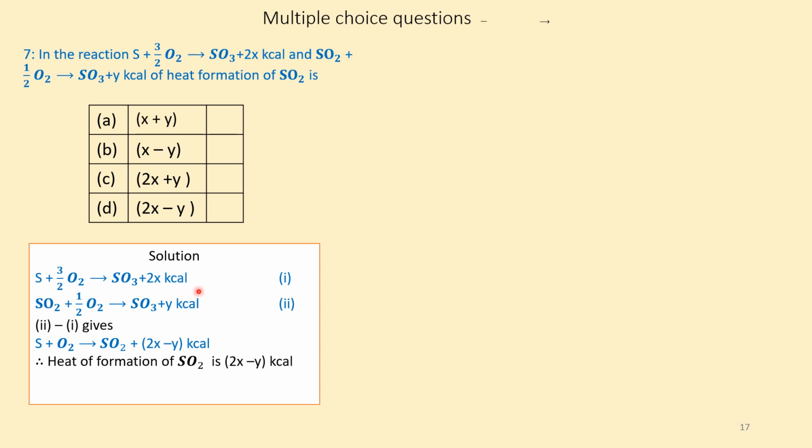It is equation 1. And the second equation given is SO2 plus half O2 combines to form SO3 plus y kilocalories. Solving equations 1 and 2, we get S plus O2 combined to give SO2 plus (2x minus y) kilocalories. Therefore, the heat of formation of SO2 is 2x minus y kilocalories. Please mark it. This is option D.